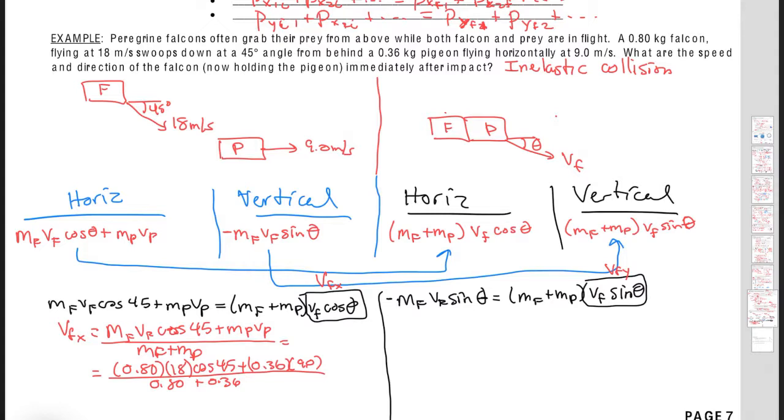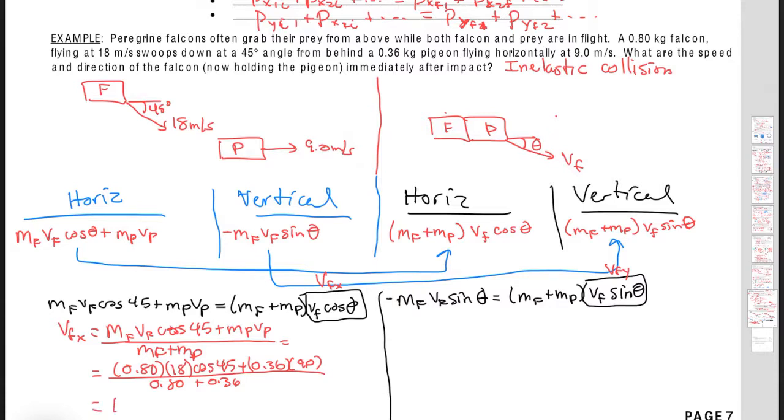And so it's going to be 0.8 times 18 times 0.7071, that's the cosine of 45, plus parentheses 0.36 times 9 close parentheses, divided by parentheses 0.8 plus 0.36 close parentheses.